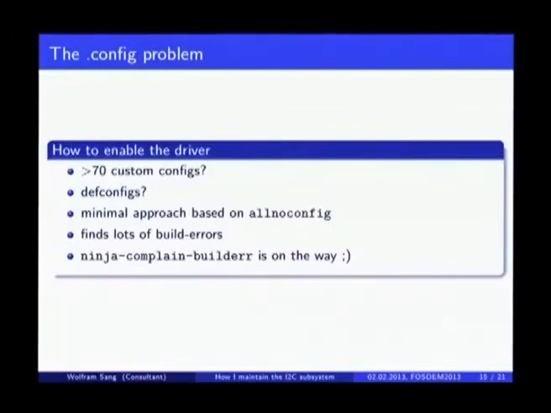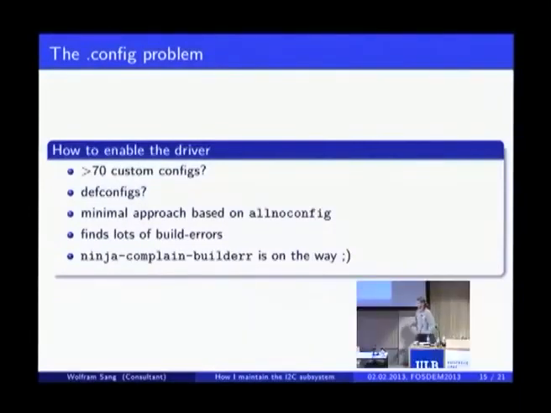My idea is to always start with the all no config, to have a minimal configuration, and then just activate the few things by hand. Meanwhile, I know what to activate, so I'm pretty fast at that. And the good thing about that is it seems to be quite an unusual configuration, which is not tested very well.